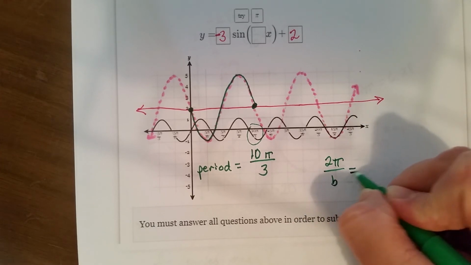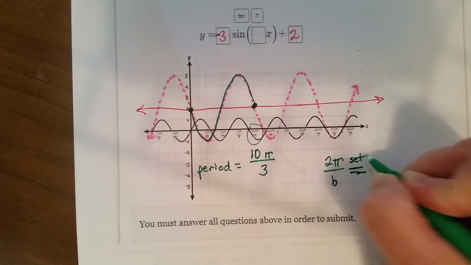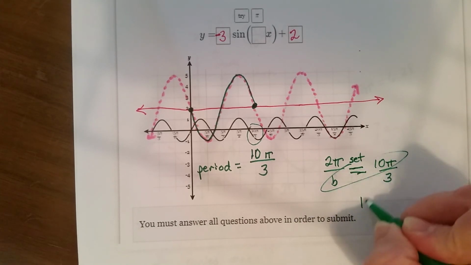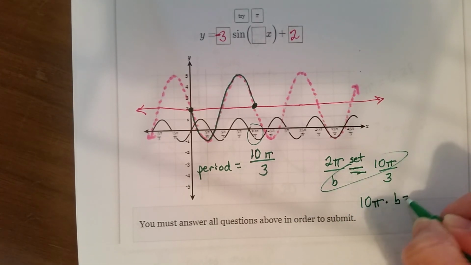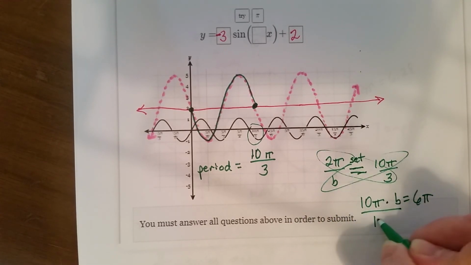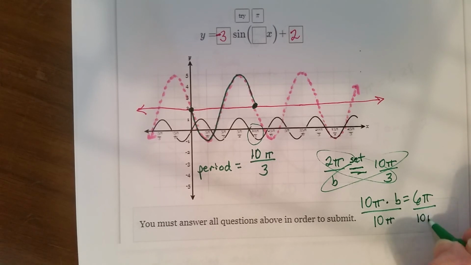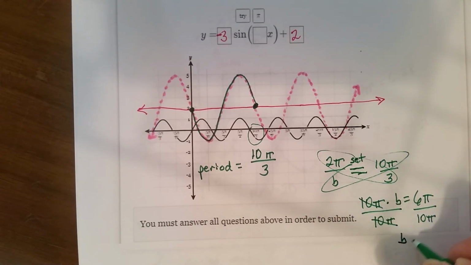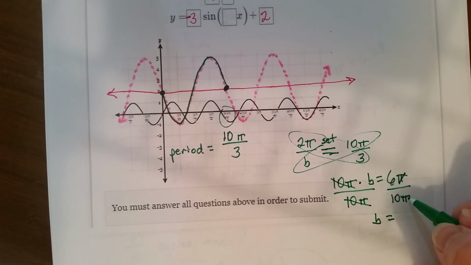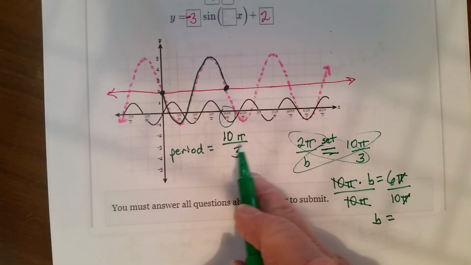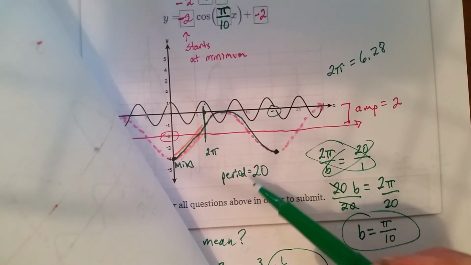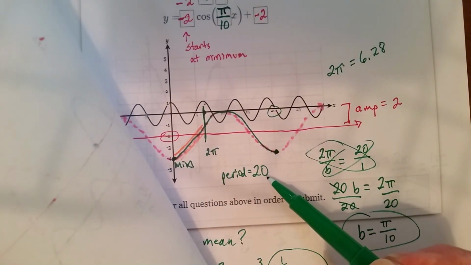Okay, let's go about this the same way. 2 pi over b, set that equal to the period, 10 pi over 3. Cross multiply, 10 pi times b equals 6 pi. Let's solve for b. Divide by 10 pi, divide by 10 pi. So b equals, now here the pi's cancel because our period was in terms of pi, not like back here where your period was just in terms of a number, like 20.